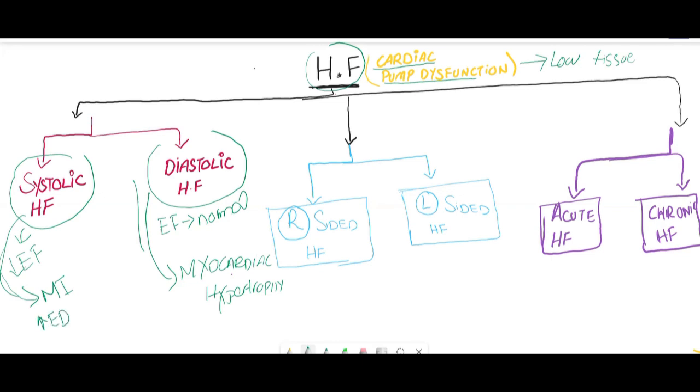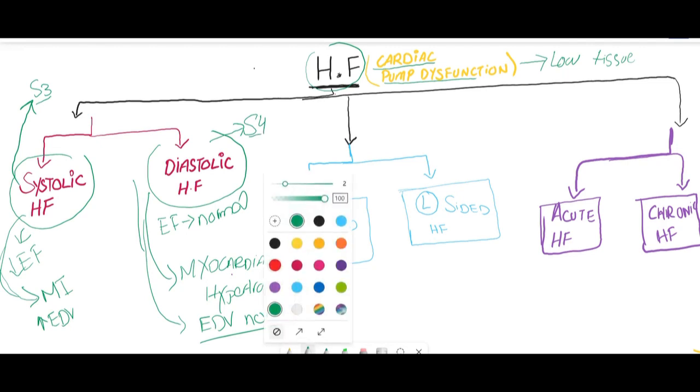End-diastolic volume means the filling of the heart, while in diastolic heart failure, the end-diastolic volume remains normal. In systolic heart failure, the S3 sound is more prominent, while in diastolic heart failure, the S4 sound is more prominent. Now I'm going to discuss right-sided heart failure.